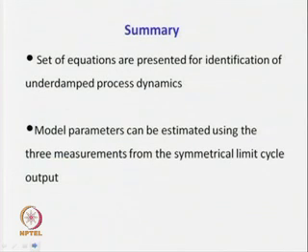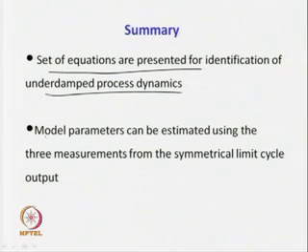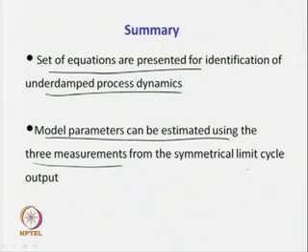Let me summarize the lecture. A set of equations is presented for identification of underdamped process dynamics, and it is found that the identification technique can also be extended for other types of processes. Now, model parameters can be estimated using the 3 measurements from the symmetrical limit cycle output.